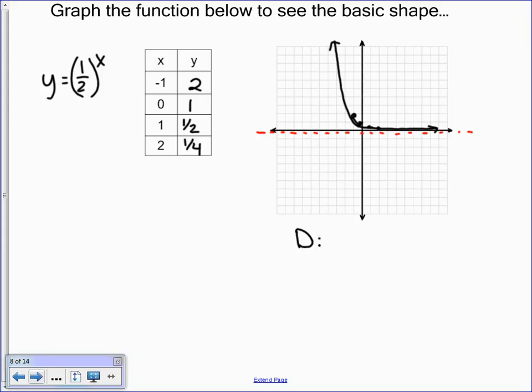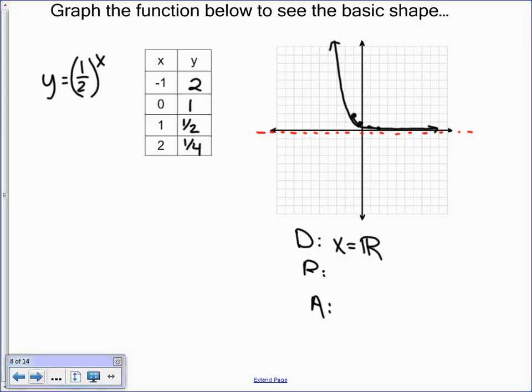And then we'll identify domain, range, and asymptote. So your directions on your homework will ask you to do these 3 things too. So domain would be x equals all real numbers.